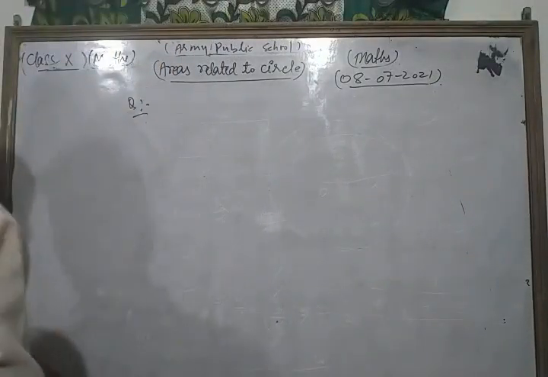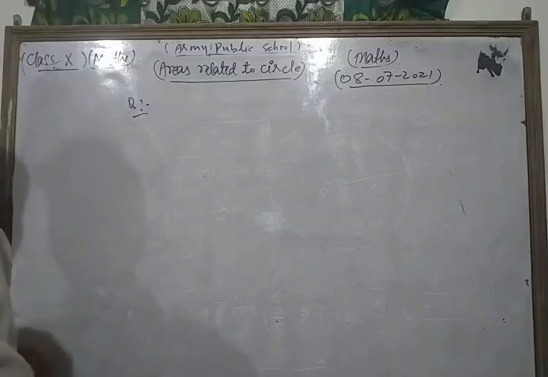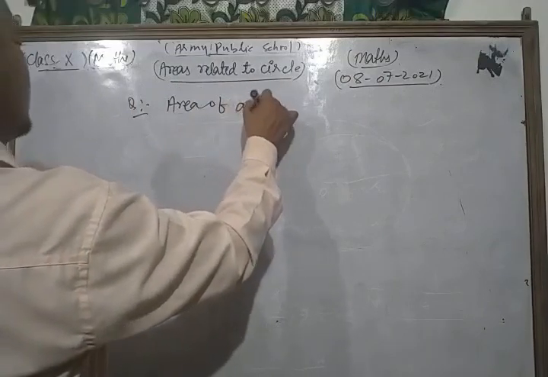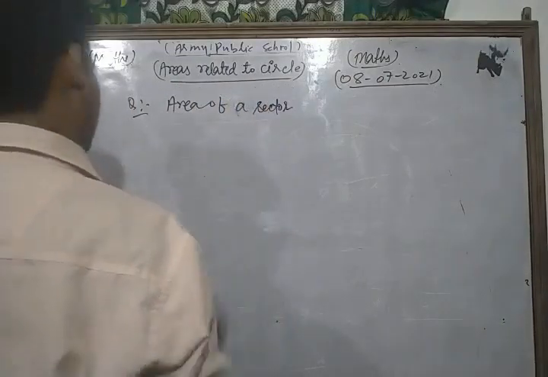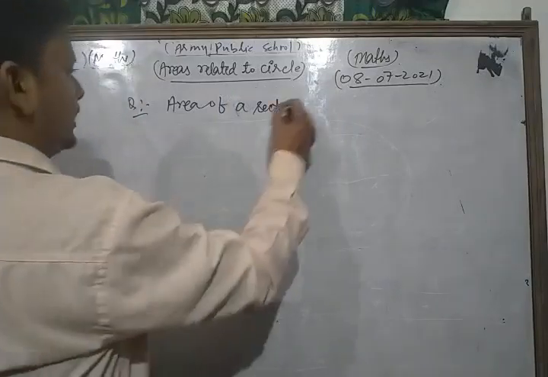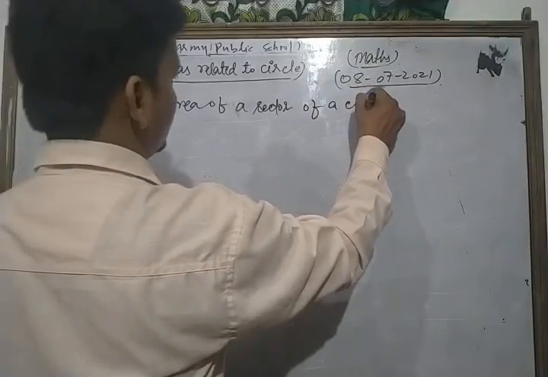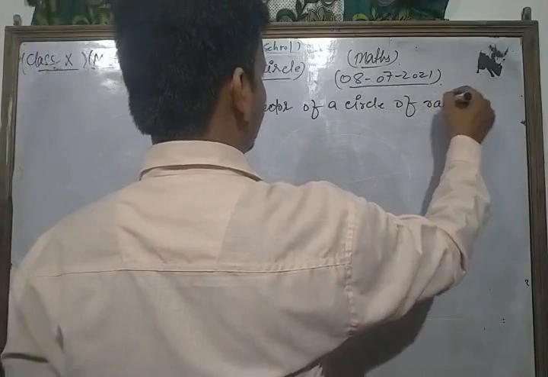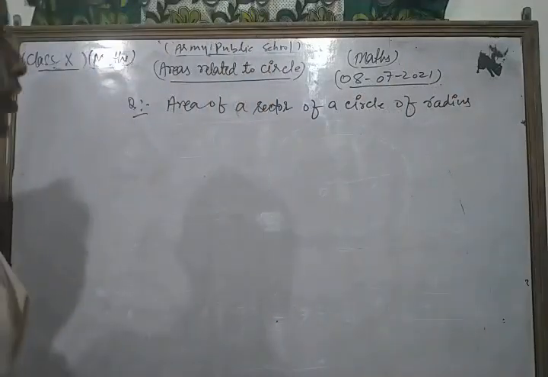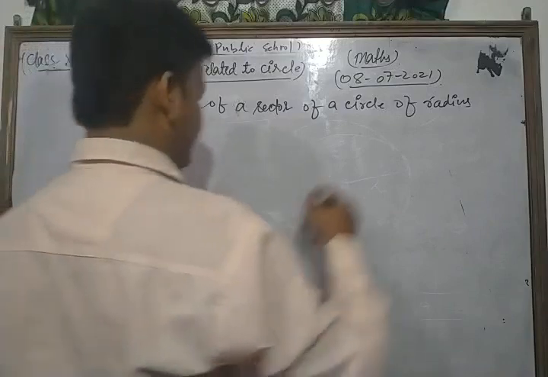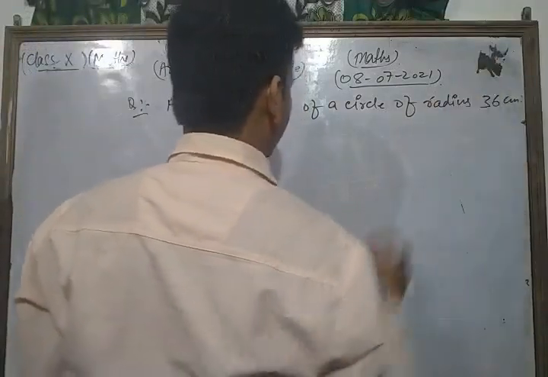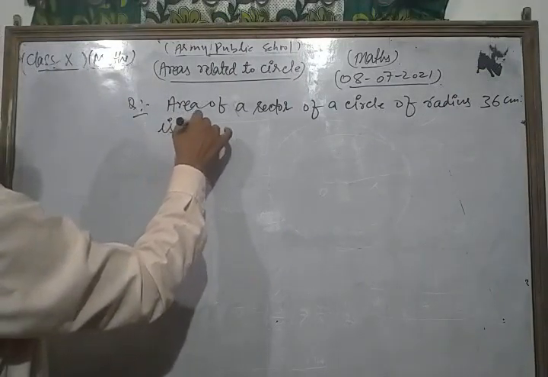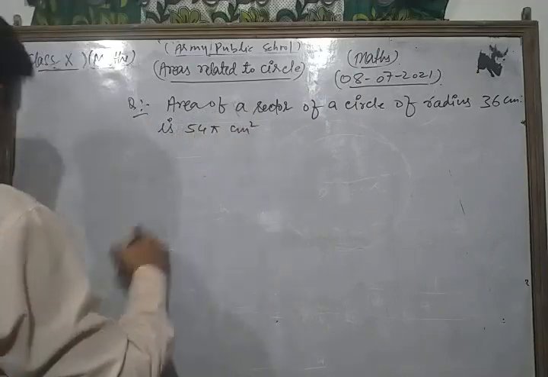The question is: the area of a sector of a circle of radius 36 centimeter is 54 pi centimeter square.